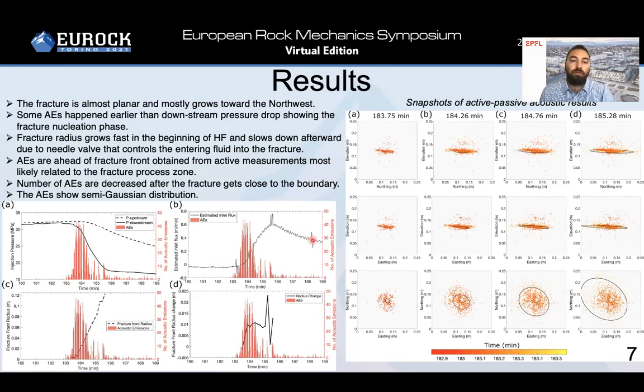The estimated fluid entering the fracture has two fluctuations, showing the approximate time for the start of the fracture and the end of it, when it reached the end of the block. There is a direct relation between the number of acoustic emissions and the speed of the fracture front. Of course, the passive acoustic emissions shown in red dots are ahead of the active measurements that show the fracture front, because they show the fracture process zone.